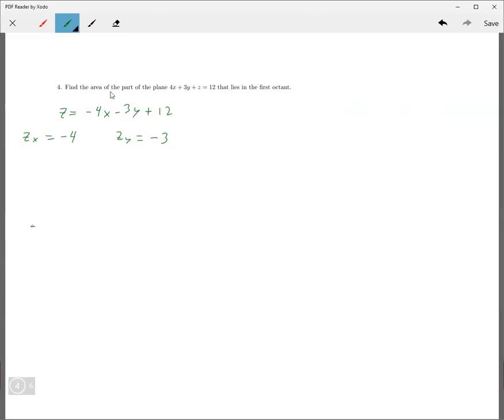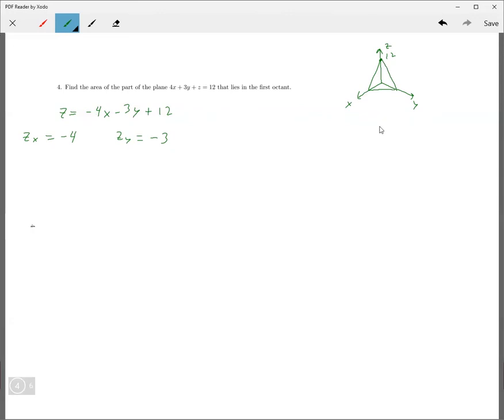Okay, now we need to know something about this plane in the first octant. If you look at it this way, when x and y are both 0, then you're up here at 12. But then it's going to come down and be something like that. So you want to know what the area of the surface is right there.